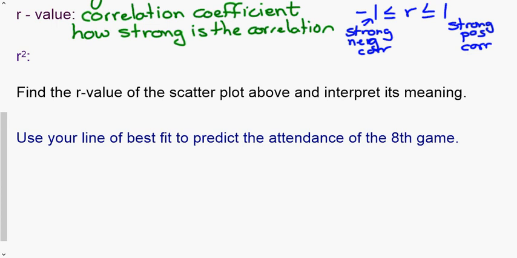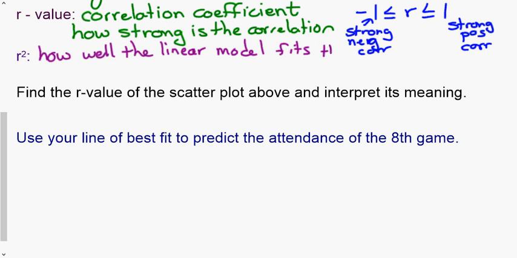R squared. This is getting into really the stats part of it, but we're just going to talk about what r squared is because you see it on your calculator. It is how well the linear model, in other words the line that we drew, fits the data.